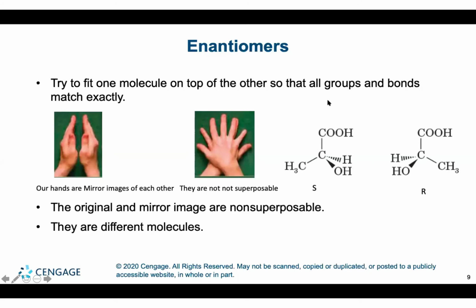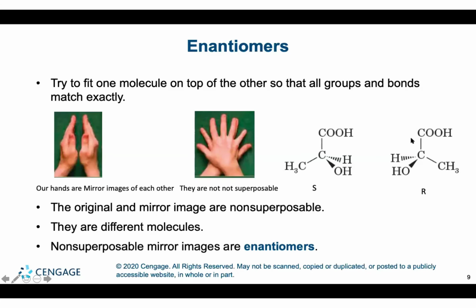And we call these two compounds stereoisomers. If you remember from the previous slide, when I talked about stereoisomers, enantiomers are a subdivision of stereoisomers. You can see that in these two compounds, one with S configuration and one with R configuration, they have all the same connections.